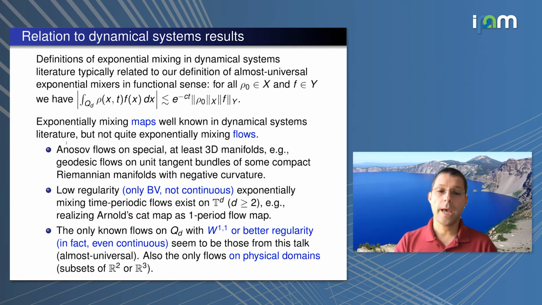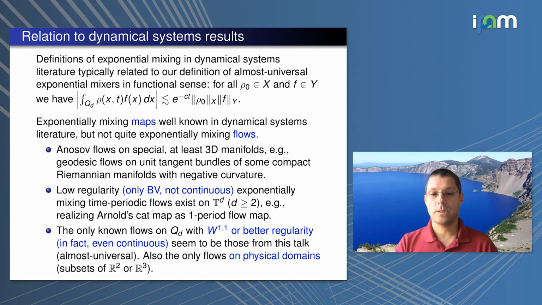So there are these Anosov flows that are flows on tangent bundles of some compact Riemannian manifolds, and as a result, they are at least three-dimensional manifolds, and they have negative curvature. So obviously, they are not embedded in three-dimensional space. So those examples are known.